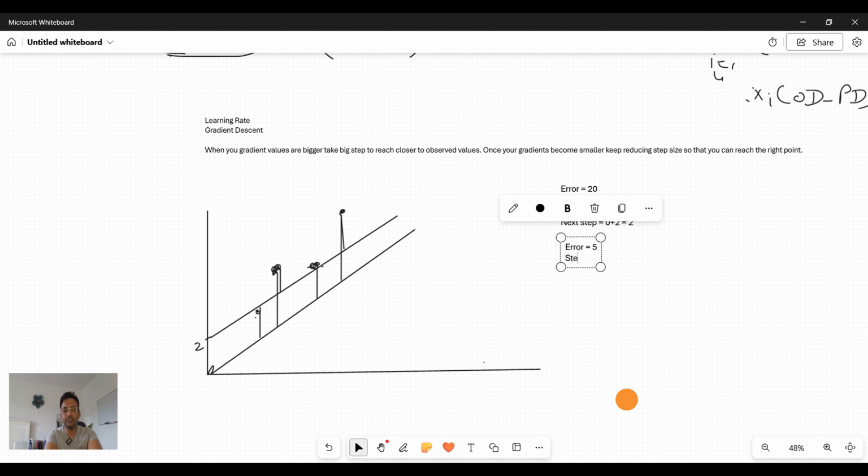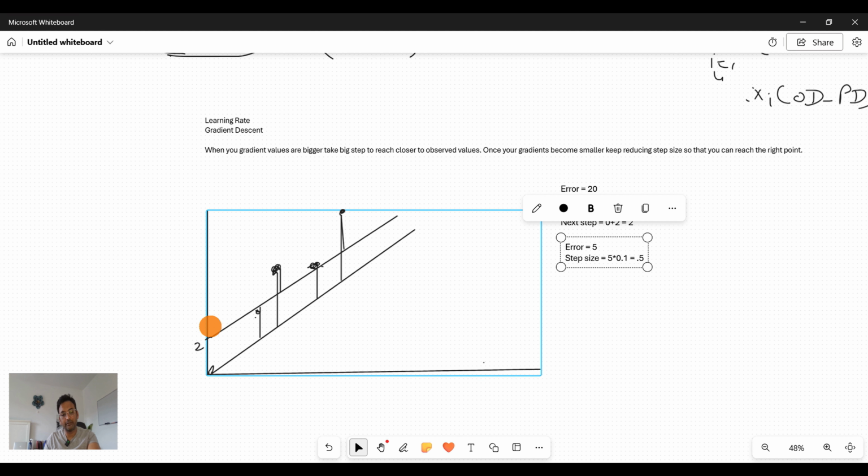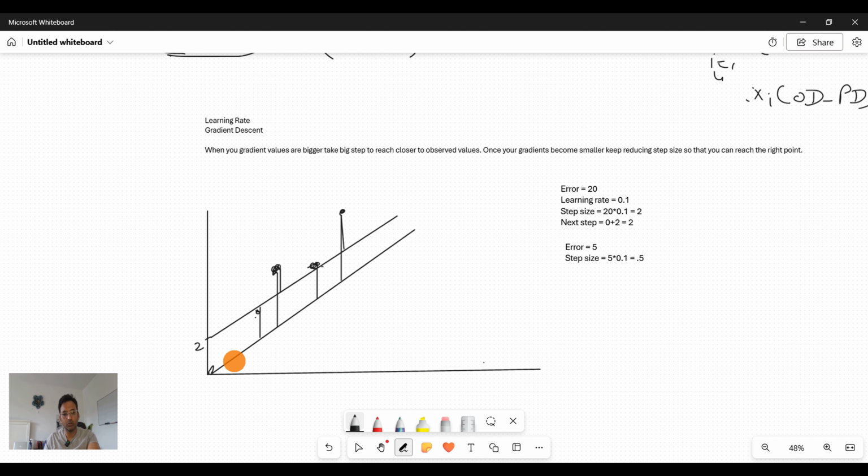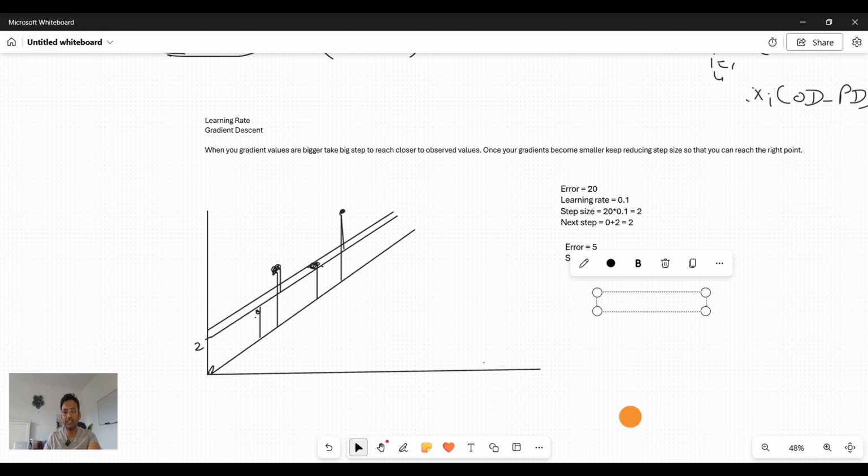So the step size will be 5 into the learning rate, which is 0.1, equal to 0.5. So earlier we took a step of 2, now it is saying just go 0.5, which may be here, and we can draw a line with that. As you can see, now we have started drawing it, took the baby step. Which results, I'm just taking an example again, let's say the error reduced now and comes out to be 2.